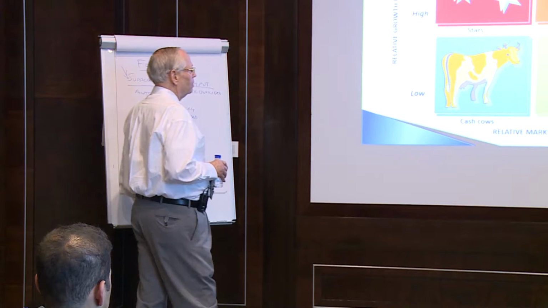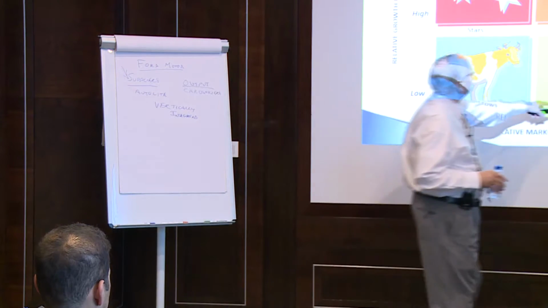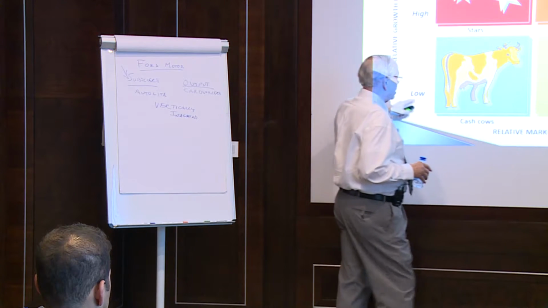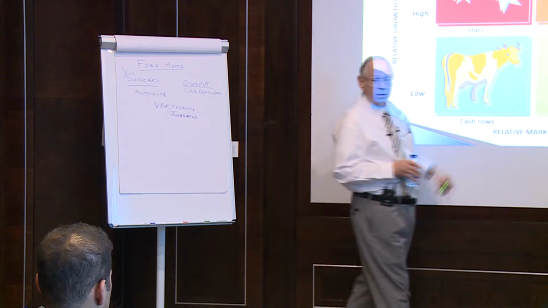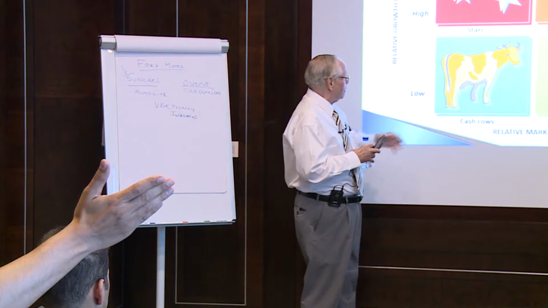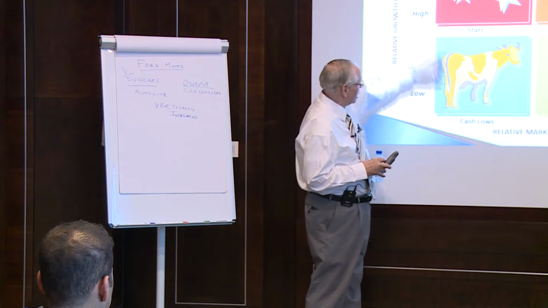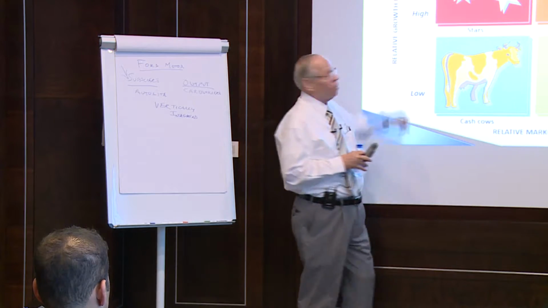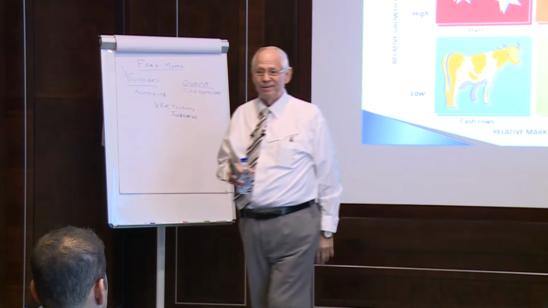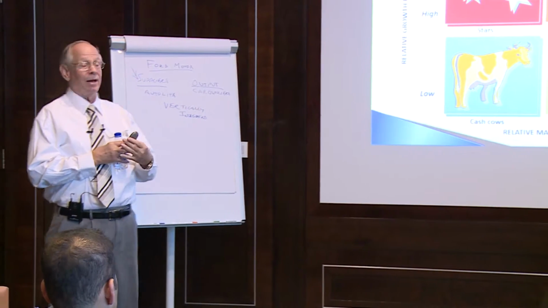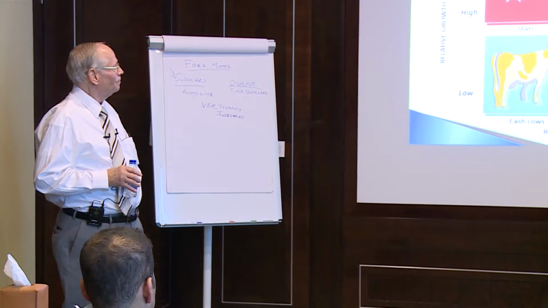No, because the dog is low growth rate and low market share. Yeah, the cow has high market share but low growth rate. No, I understand. It's a little confusing when you're looking at it, but no, it's right.